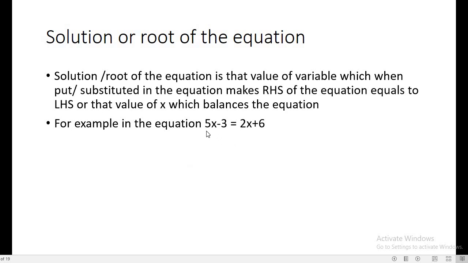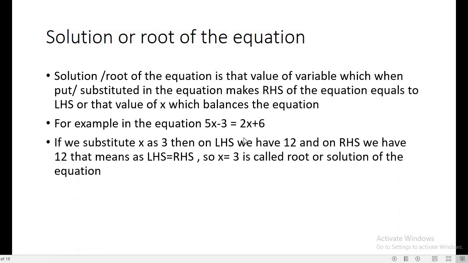For example, if we have an equation 5x minus 3 equals 2x plus 6. So if we substitute x equals 3 here, then on the left hand side it is 5 multiplied by 3, which gives me 15. 15 minus 3 gives us 12. And on right hand side, 2 multiplied by 3 gives 6, and 6 plus 6 gives 12.